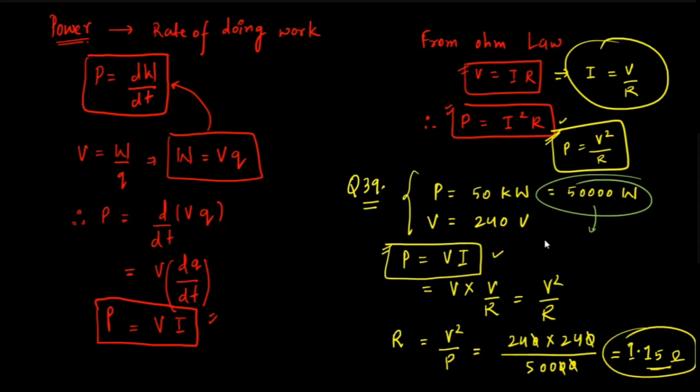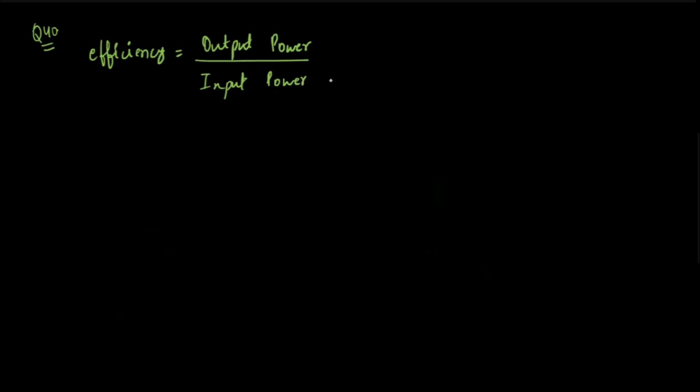Or you can say efficiency is defined as output power by input power. Like, how much power we have given to the circuit and how much output we got from it.